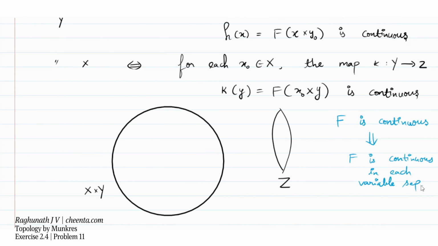First, let us consider the y variable, and the function h of x, defined as F of x cross y naught. Let us prove that this function h of x is continuous.